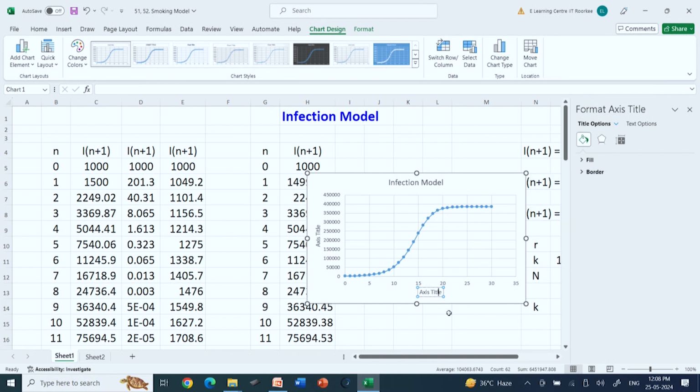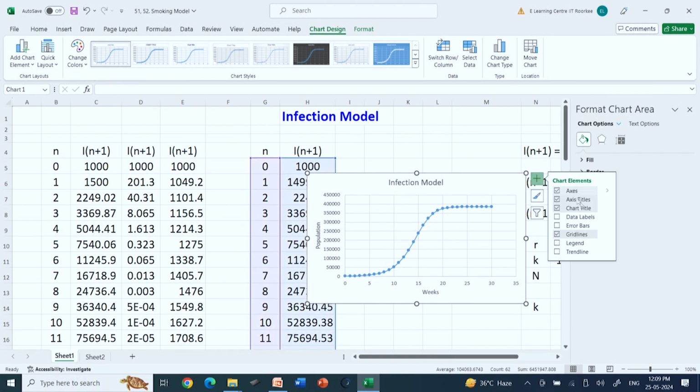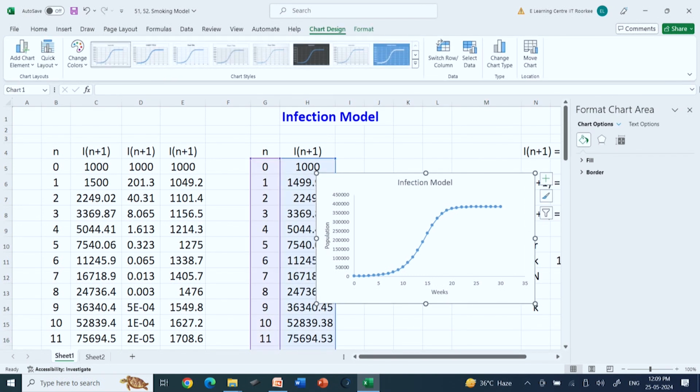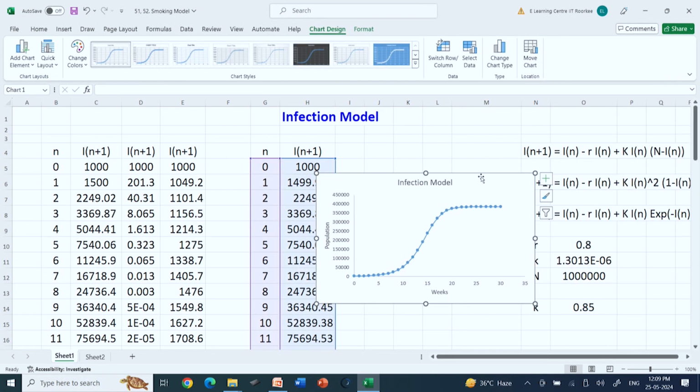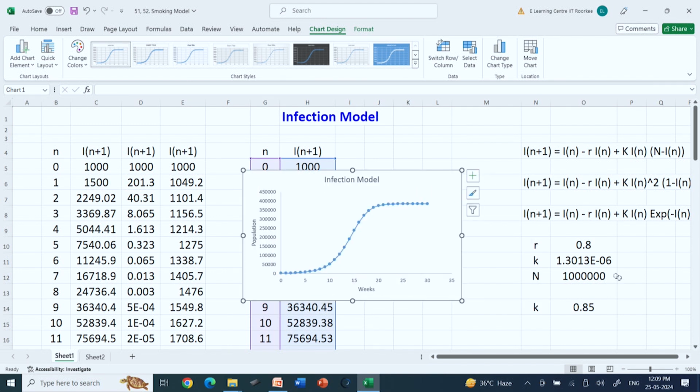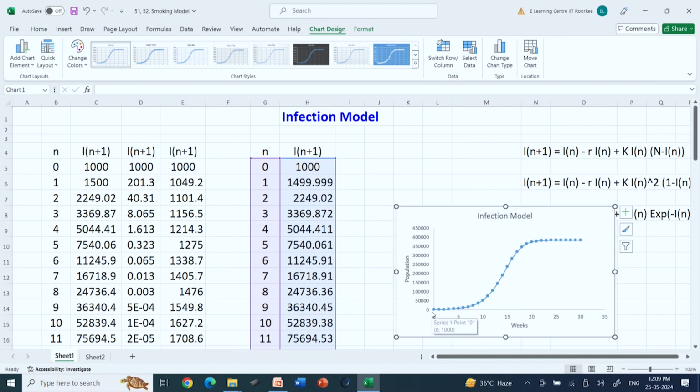So, here it is weeks and here it is population. If you want the grid lines to be removed, go here and just click this grid lines and it will go. So you can see that for this value of r, k and n, you get the model to be stable at n minus r by k.